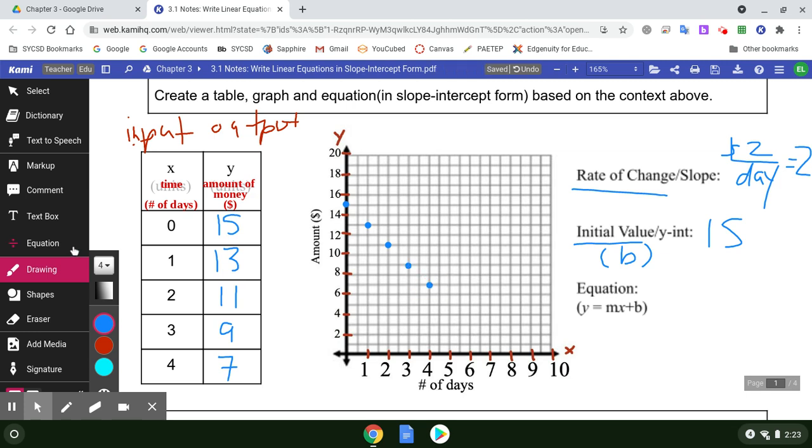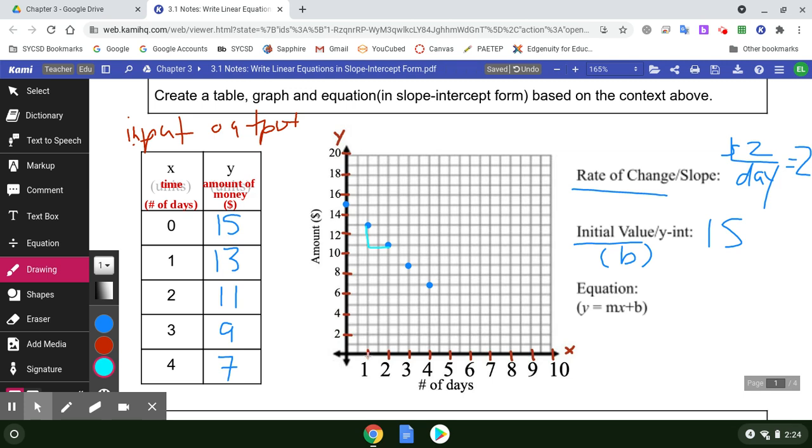Now, one thing to recognize, if we're looking at this rate of change given the graph, notice to get from one point to the next, it almost looks like I'm going down 2 units and to the right 2 units.